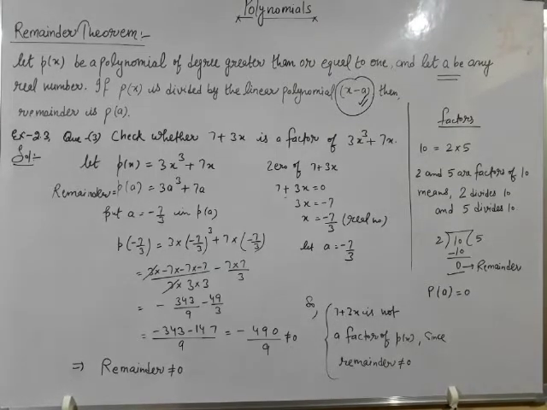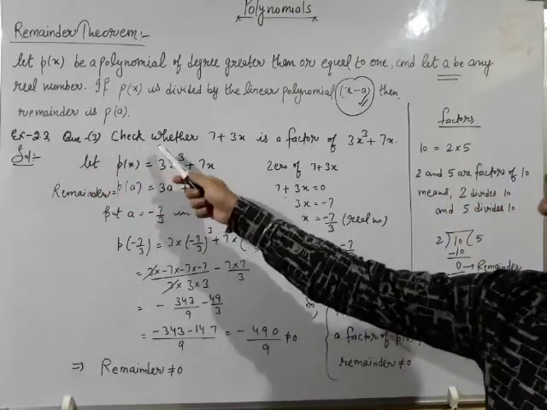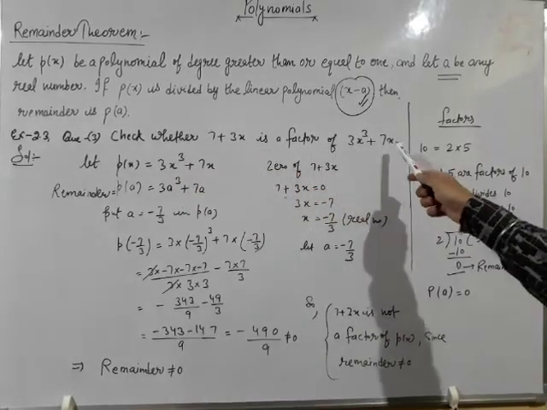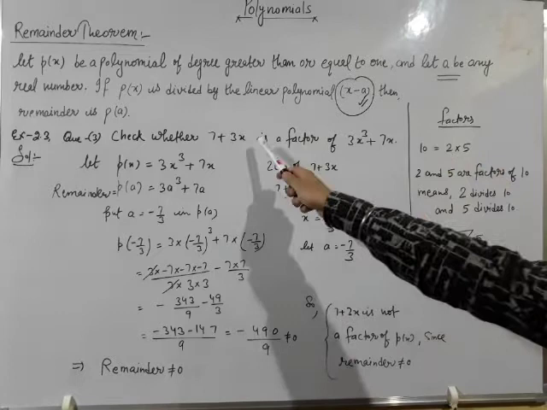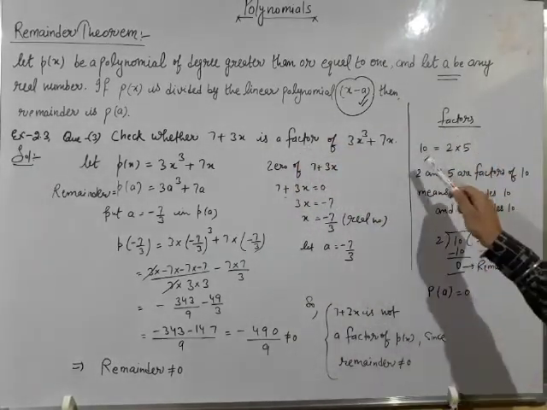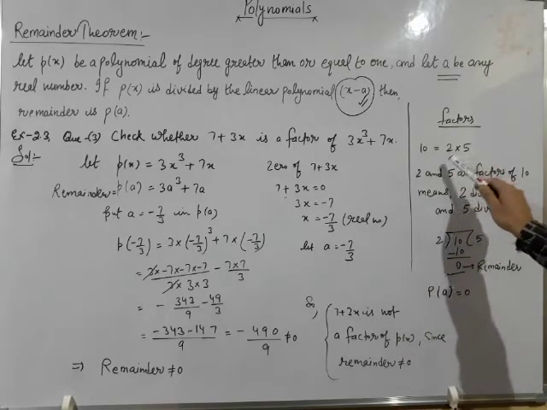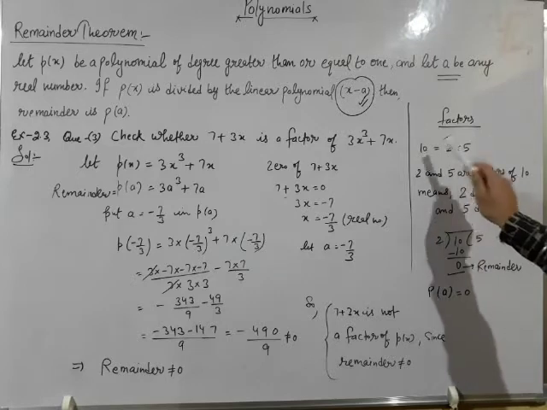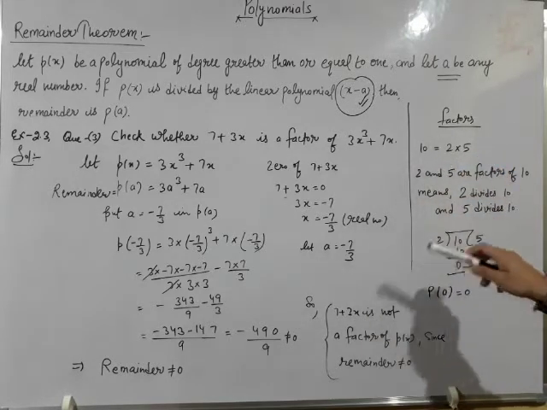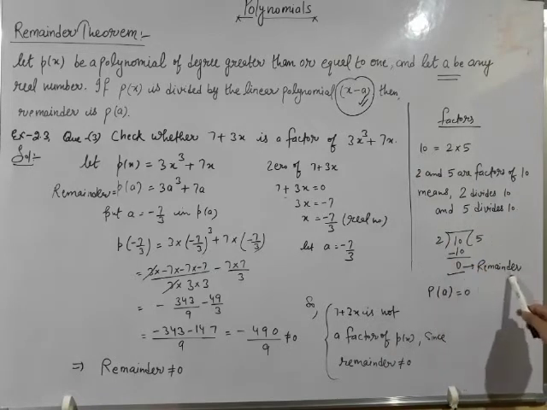Let us take another example from your book, exercise 2.3, question number 3. Check whether 7 plus 3x is a factor of 3x cube plus 7x or not. First of all, you need to understand the meaning of factor. Here I have written the prime factors of 10: 2 and 5, 2 multiplied by 5. 2 can divide 10 and 5 can also divide 10. It means when we divide 10 by 2, the remainder becomes 0.